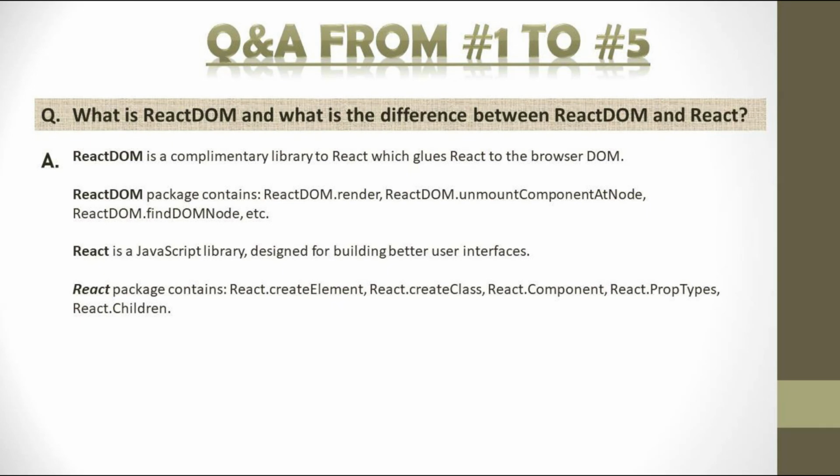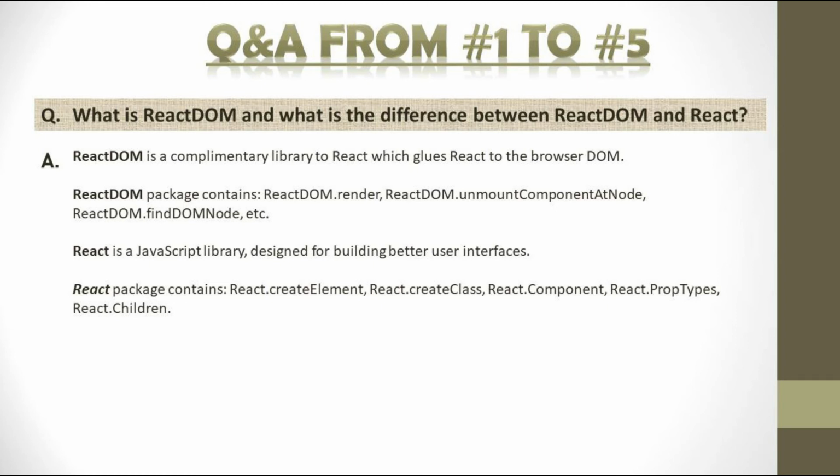So here the question is: what is React DOM and what is the difference between React DOM and React? React DOM is a complementary library to React, which glues React to the browser DOM. So React DOM is a library which is used to add elements into our browser DOM. So what is DOM? DOM means Document Object Model. In that DOM, you can see all the elements and their attributes.